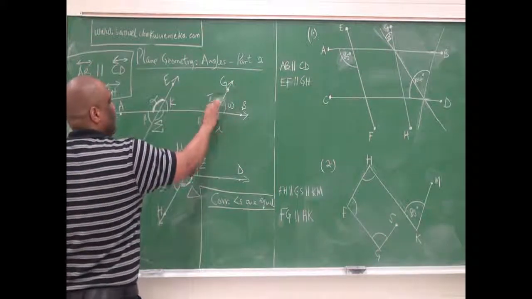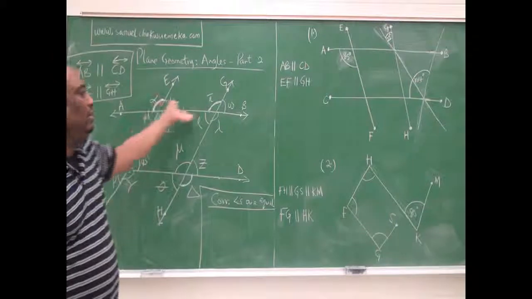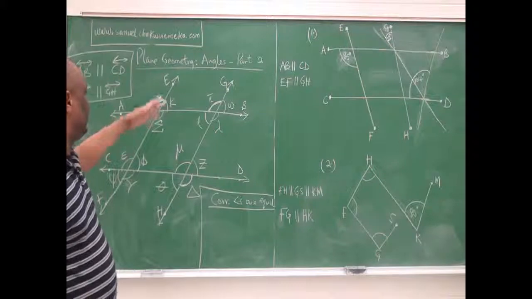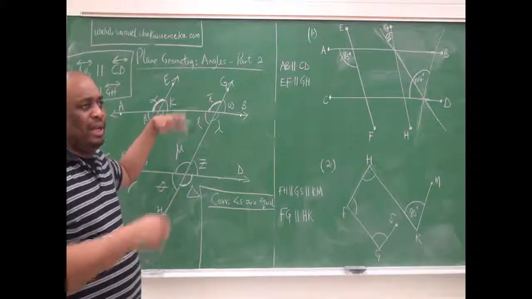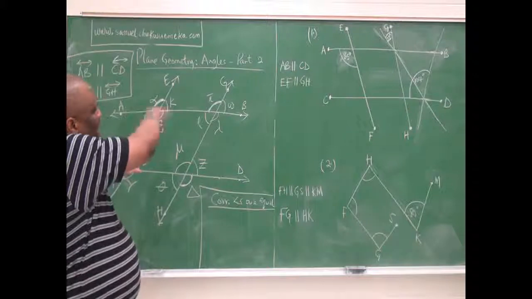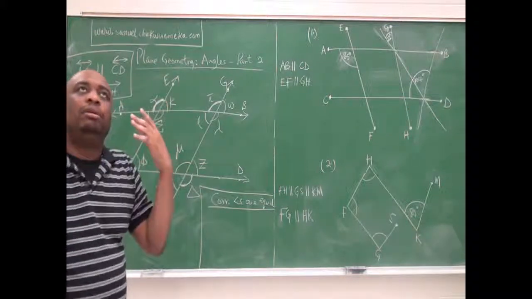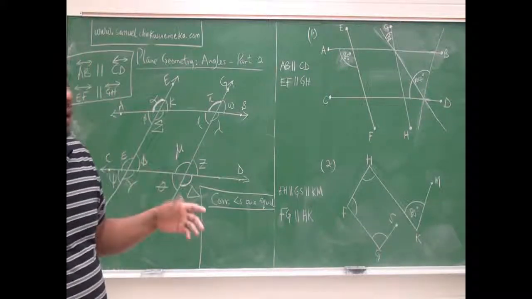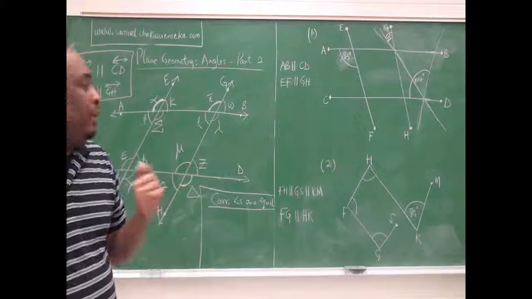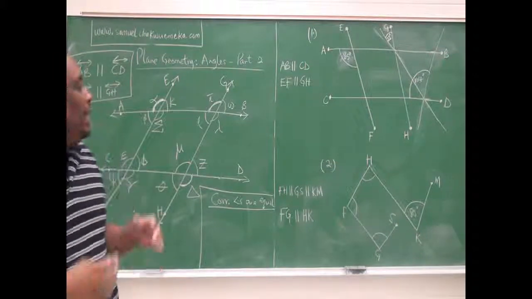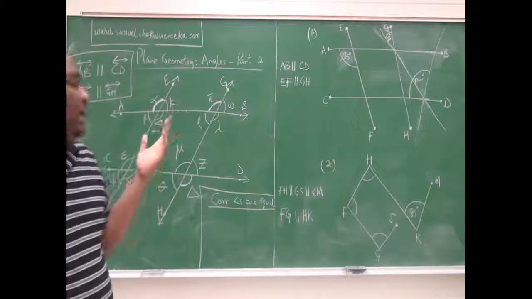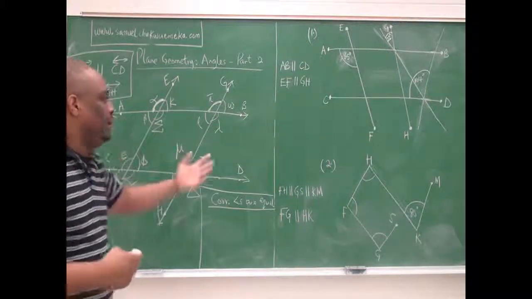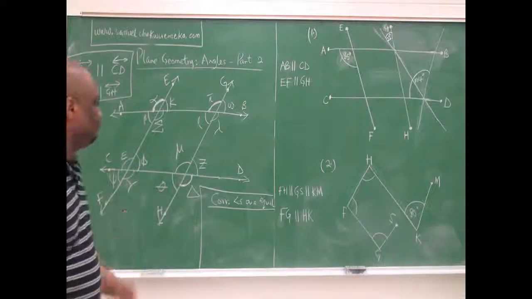Well, there's a traversal. If your parallel lines are AB and CD as your point of reference, the traversal will be lines EF and GH. But if your parallel lines are lines EF and GH as your point of reference, then your traversal will be lines AB and CD.